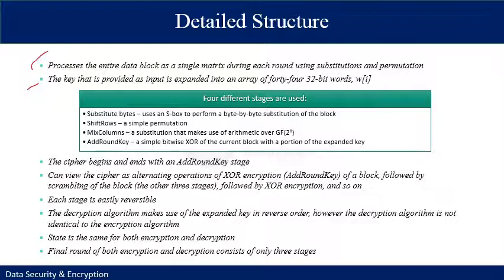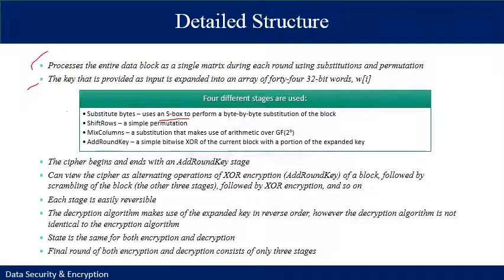So there are 4 stages to perform the AES encryption rounds, and the first stage is substitute bytes. It uses a substitution box to perform a byte by byte substitution of the block. That means you have a predefined block, for example a 16 byte block, and you perform the substitution on the bytes from the substitution box set.